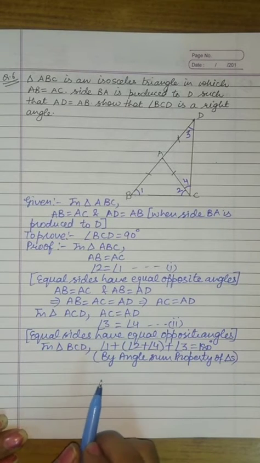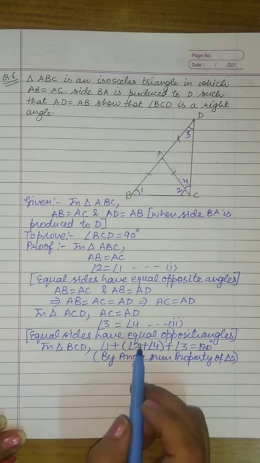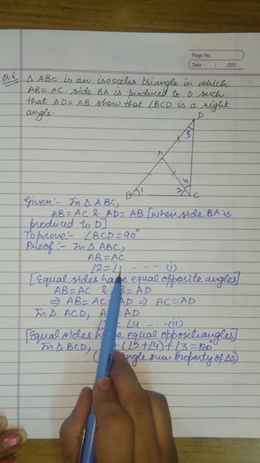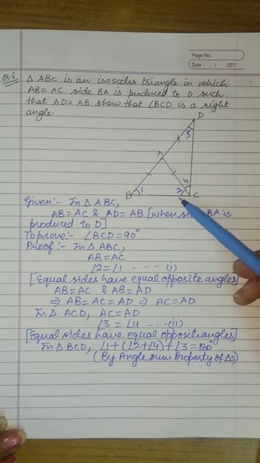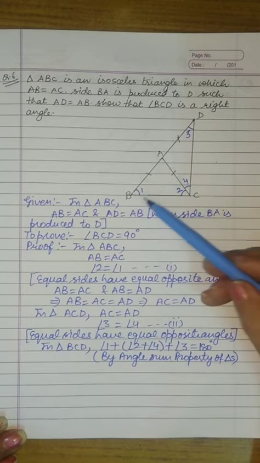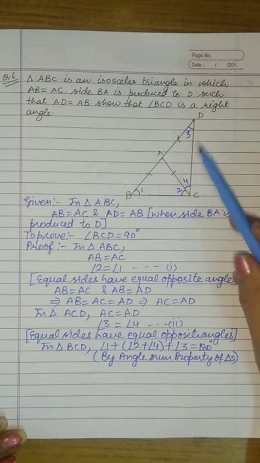Now from 1 and 2 we are given that angle 2 is equal to angle 1 and angle 3 is equal to angle 4. At point C we have angle 2 and angle 4. So we will replace 1 by 2 and 3 by 4.